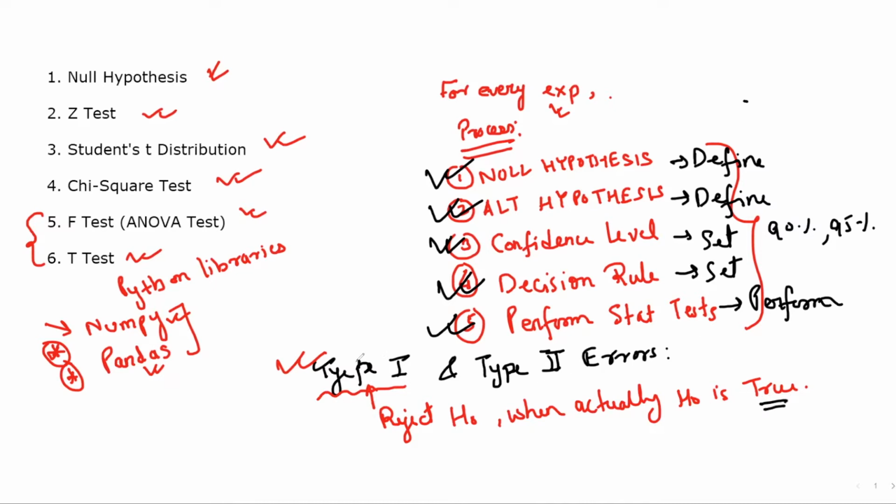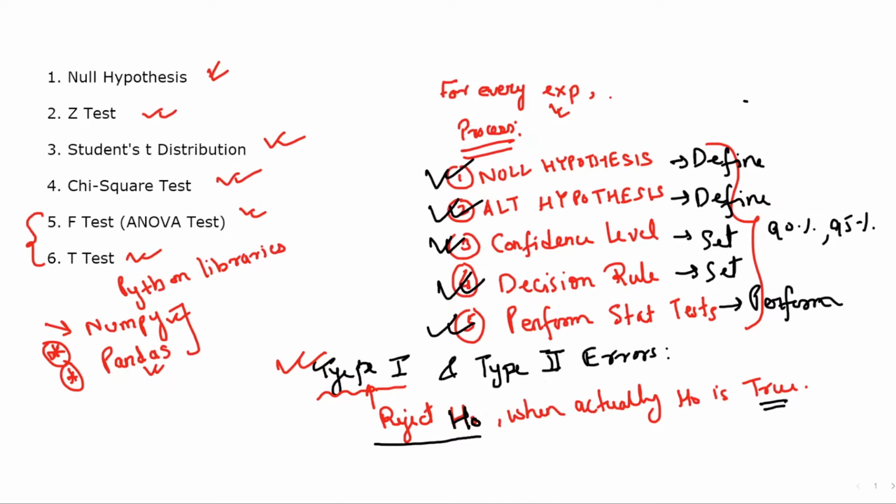In that scenario, we call it type 1 error. So remember guys, what is type 1 error? When you are rejecting your null hypothesis, H naught is denoted as null hypothesis. This I have already explained in my last video, right? So if you reject your null hypothesis even when your null hypothesis is true, that is type 1 error.